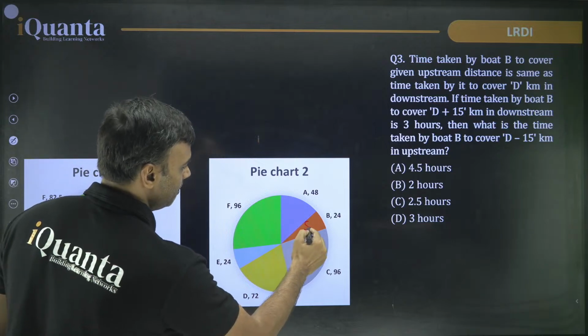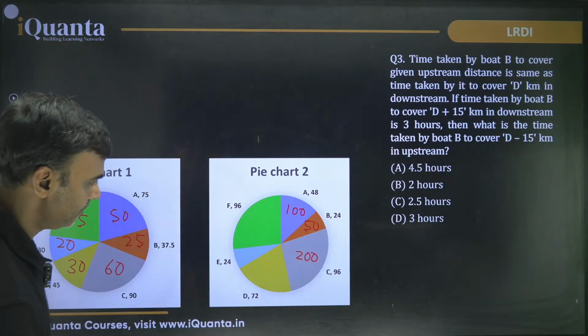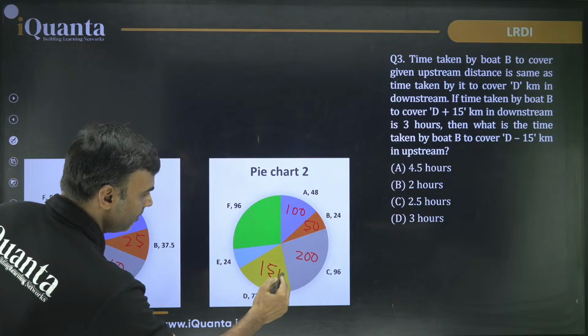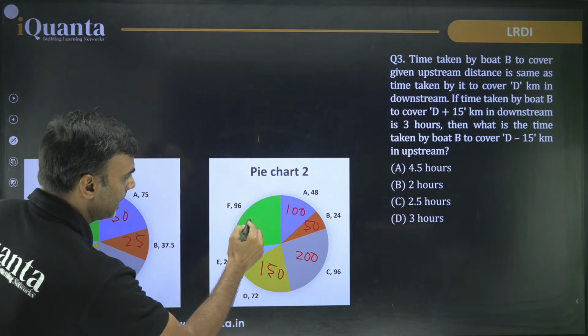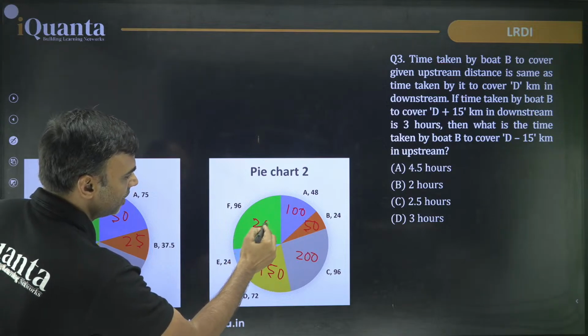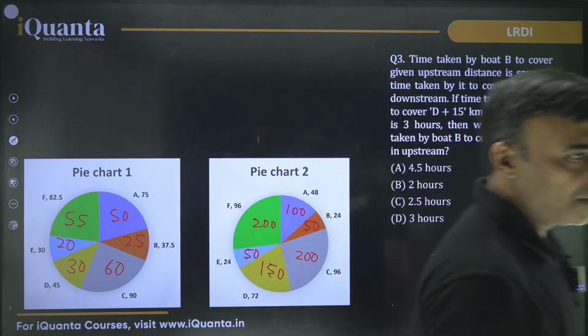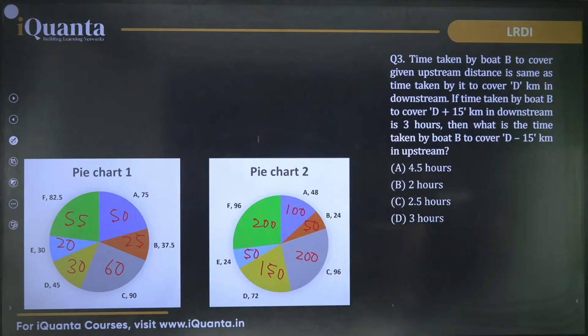This was 100, 200, 150, 50 and 96, that is 200. Yes. Okay, now let's take up the third one.